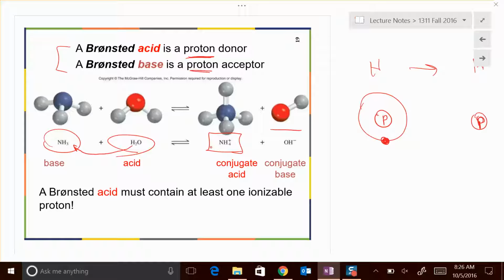So we're saying this water is the acid, so its conjugate base in this situation would be hydroxide. This is where we label the acid and the base on the reactant side, and on the product side we label them as the conjugates of those, because especially in an equilibrium situation like this, it can go back and forth.